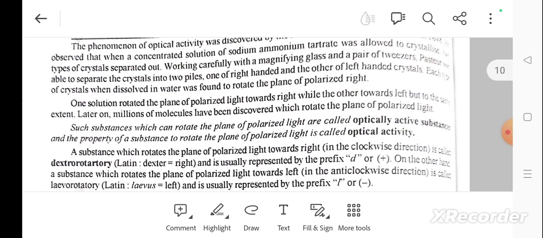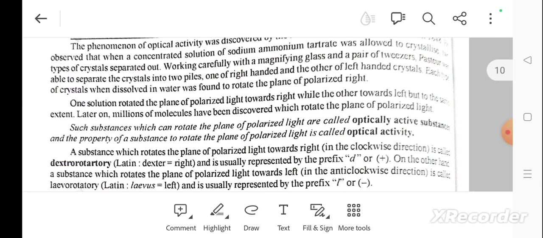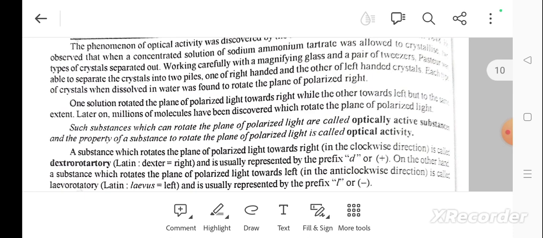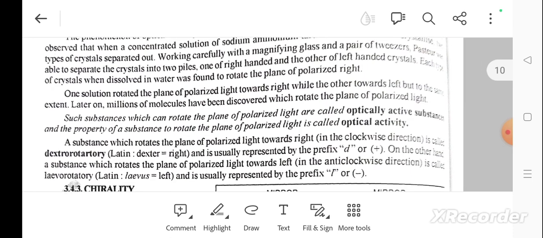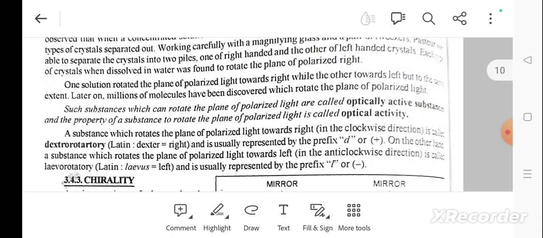Each type of crystal, when dissolved in water, was found to rotate the plane of polarized light. One rotates the plane of polarized light toward the right while the other rotates it toward the left, but to the same extent. Later on, millions of molecules have been discovered which rotate the plane of polarized light.